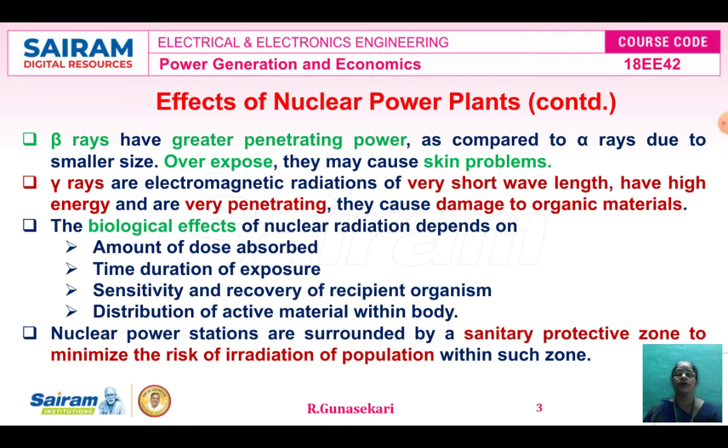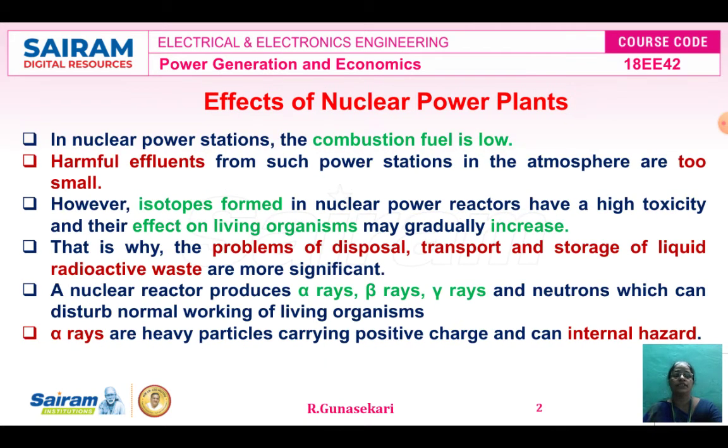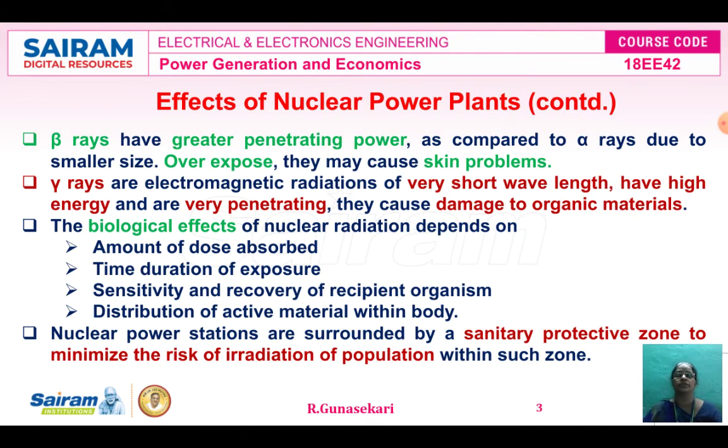So all three radioactive byproducts, alpha, beta and gamma rays, cause some problems: skin problems, organic material damage, and the alpha rays are an internal hazard.